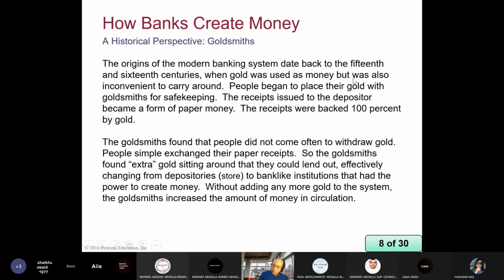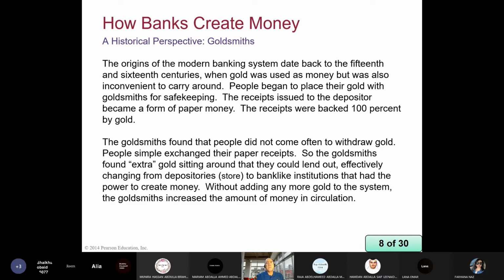So thank you. Now, how do banks create money? I'm talking now about the commercial banks, such as First Abu Dhabi Bank or Sharjah Islamic Bank.